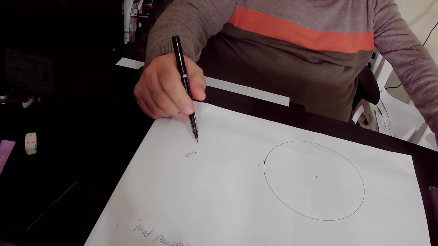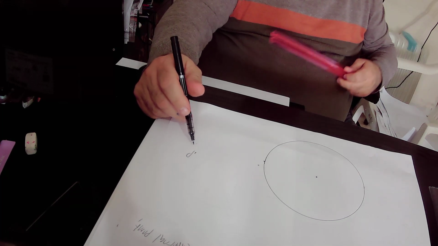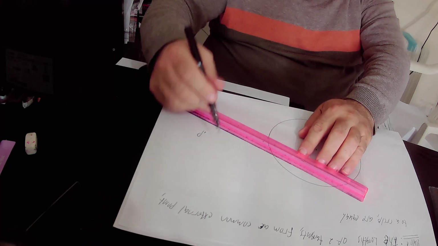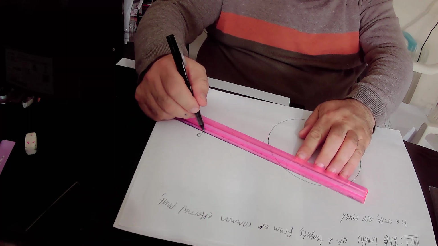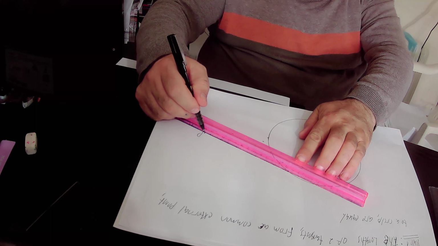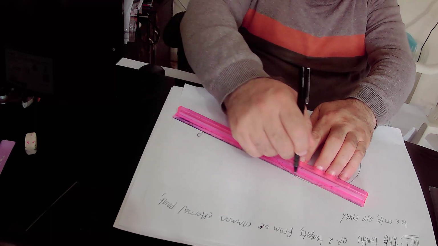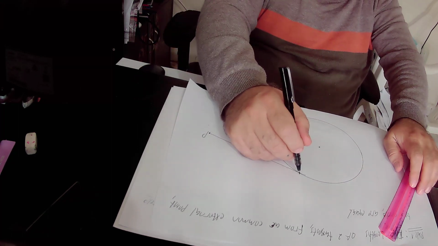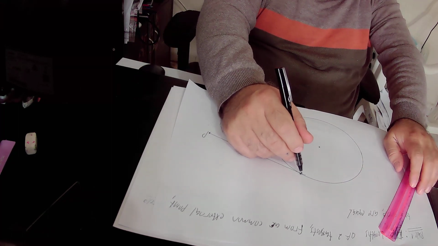So if from the external point P we draw two tangents to this circle, here is the first tangent.